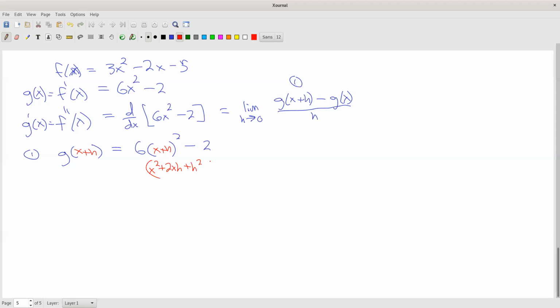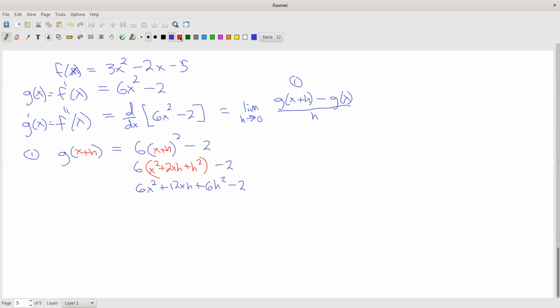And then we need to multiply that by 6 and then subtract 2. So that's going to give me 6x squared plus 12xh plus 6h squared minus 2. And I could factor a 2 out. That's not that exciting. I think I'm going to choose not to factor the 2 out at this point. Just go with that. Okay.